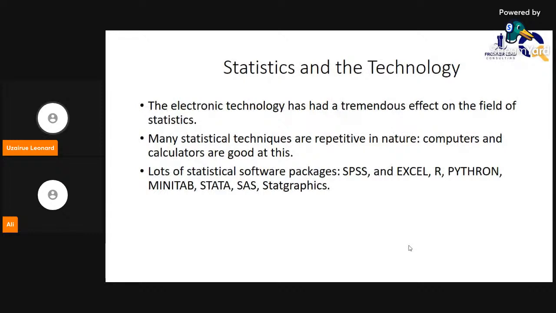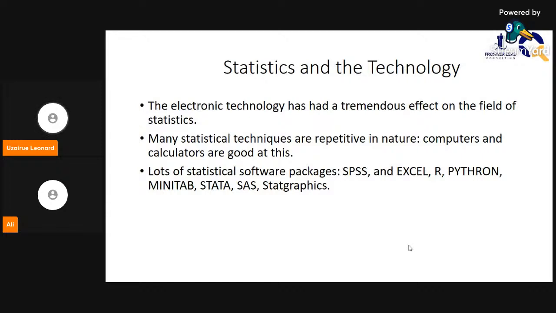Then under statistics, we have statistics and technology. Before the inception of technology, people had been doing statistics. Remember, you had to write a whole lot of formulas to do chi-square, for example.